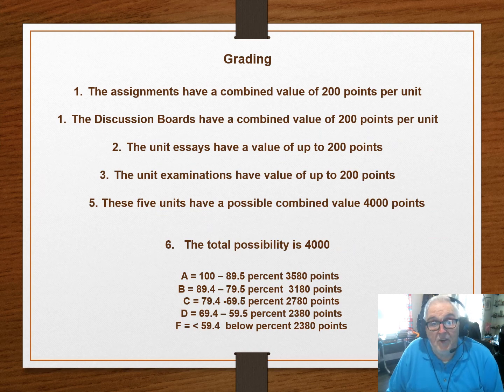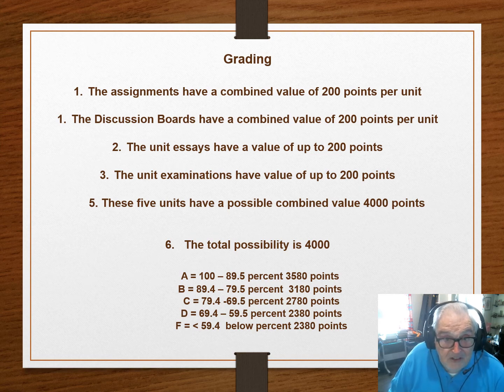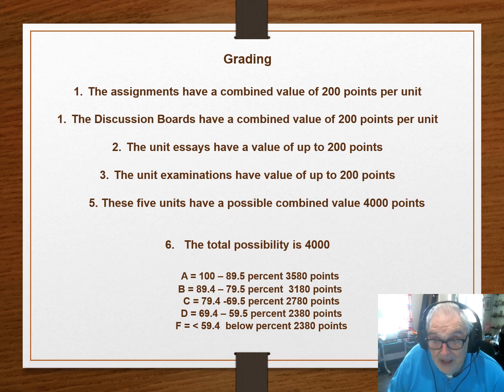Well, what about grading? The assignments for a unit will add up to 200 points. That is, if there are 12 or 15 assignments, the value for all of those will add up for the unit to 200. Discussion boards, there'll be 5 in a unit, and they will add up to 200 points.